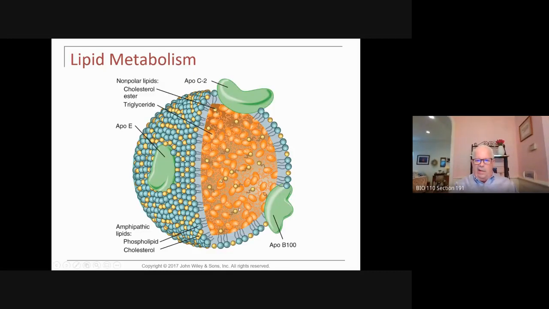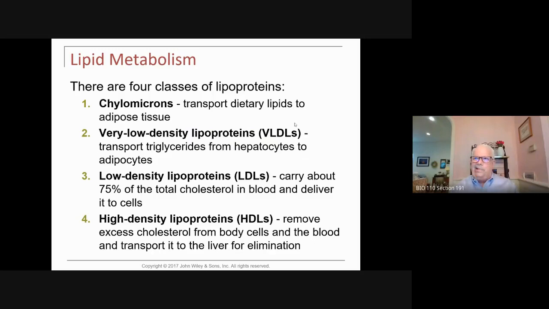Okay? And here is a lipoprotein. It is a combination of protein and lipid. And there are 4 classes of lipoproteins. And you've heard of some of these, but here's a new word, chylomicron.